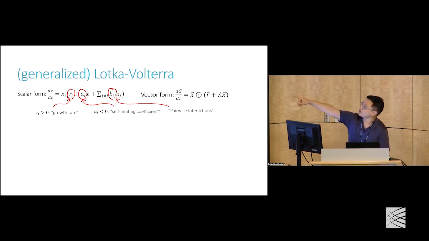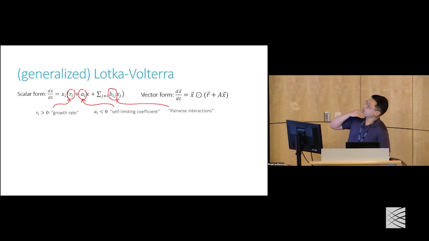And the a sub i's are usually assumed to be negative, and we call that the self-limiting coefficient. The reason it's negative is that we usually like to think about organisms that can grow to a certain capacity but can't grow beyond that. If there's a finite number of resources available in a system, it's not supposed to be able to grow past what's possible given those resources.